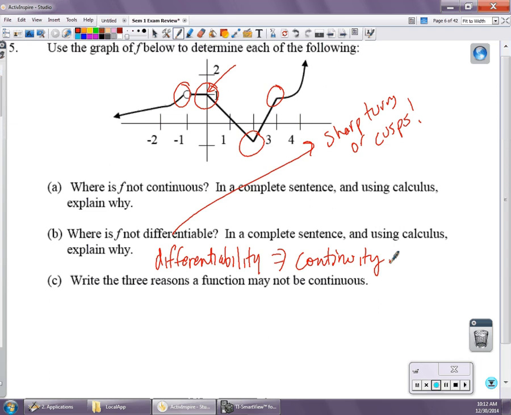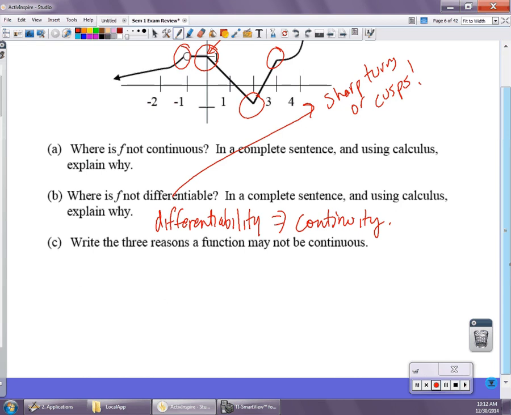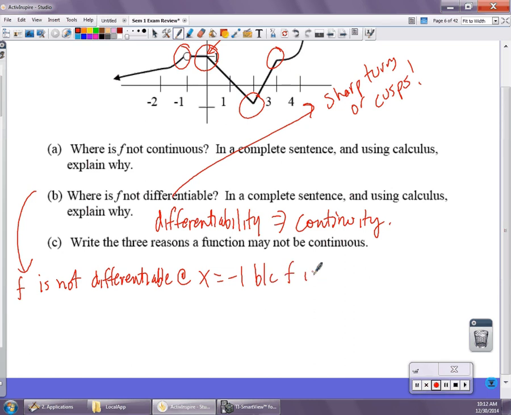All right, so let's write up a couple of these. I'm going to start with x equal to -1. So I'm going to put my answer down here. f is not differentiable at x equal to -1 because f is not continuous at x equal to -1.